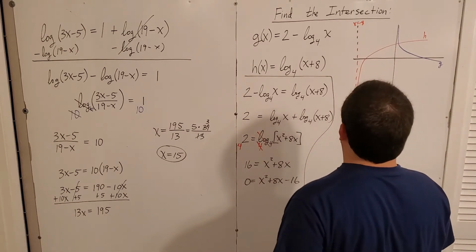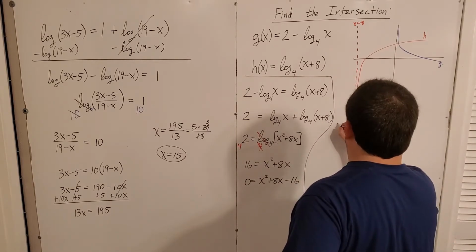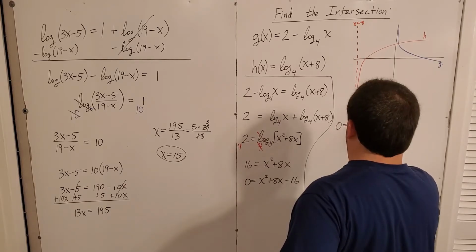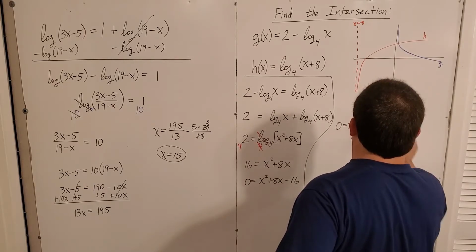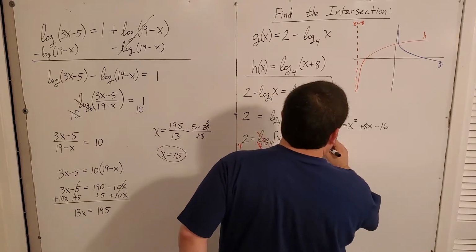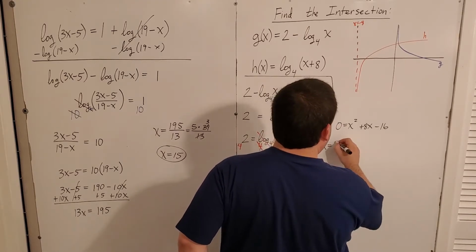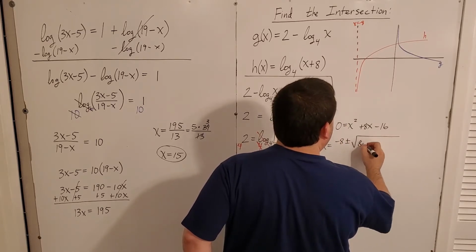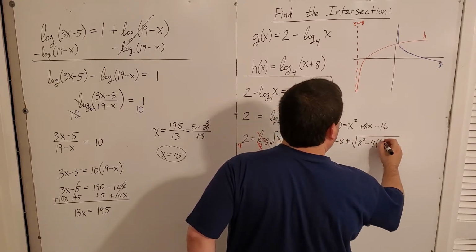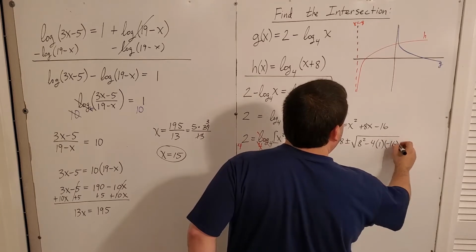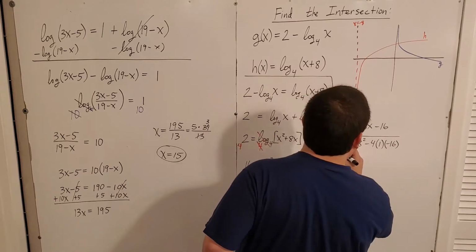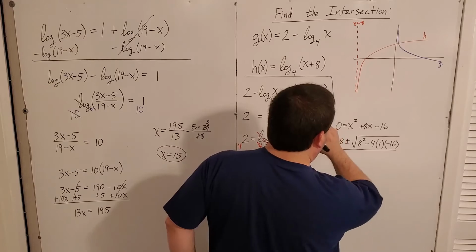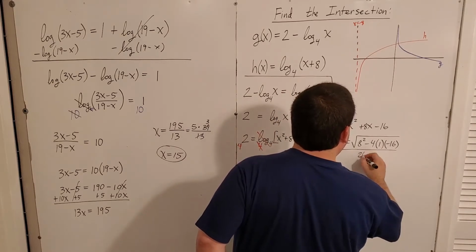Let's set up our quadratic formula here. Let me rewrite the equation. x squared plus 8x minus 16. So x equals negative 8 plus or minus the square root of 8 squared minus 4 times 1 times negative 16, all over 2 times 1.